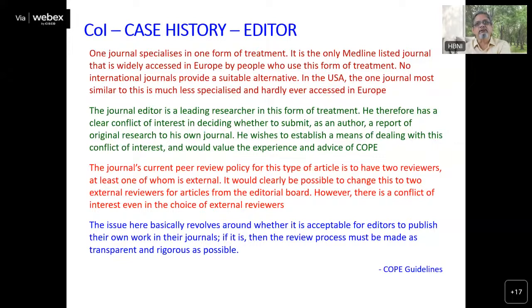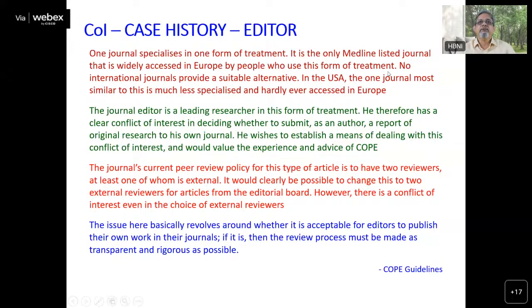Now, this conflict of interest problem can hit the editors also. See, there was a case of a journal with a very highly specialized field of coverage. It was some sort of medical journal, and it concerns one particular kind of treatment of some disease.